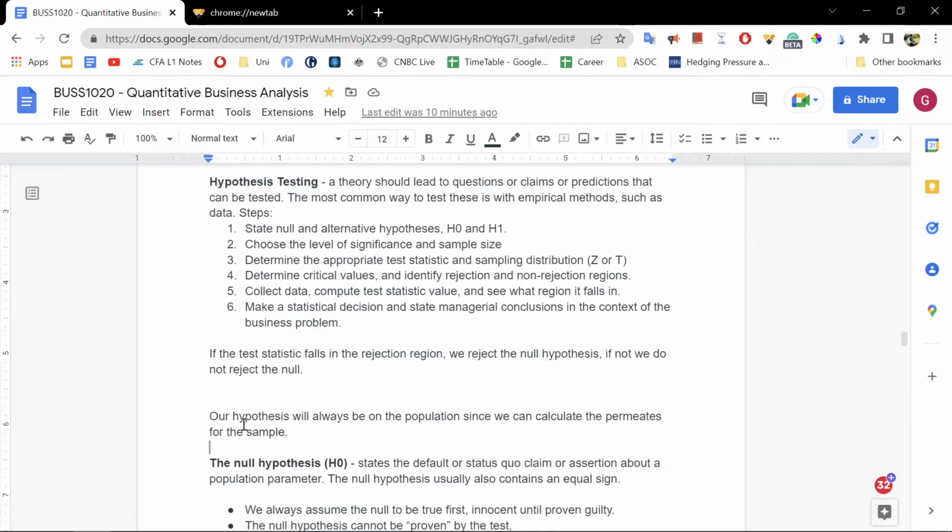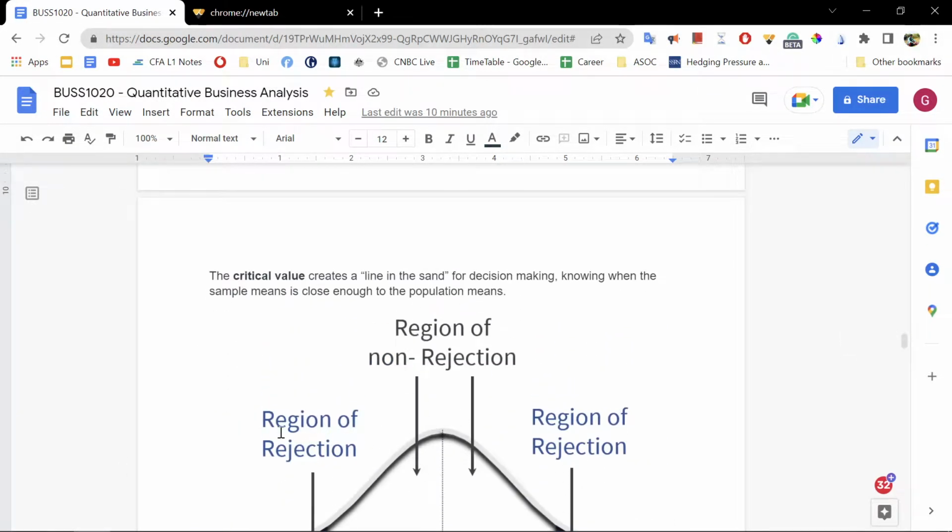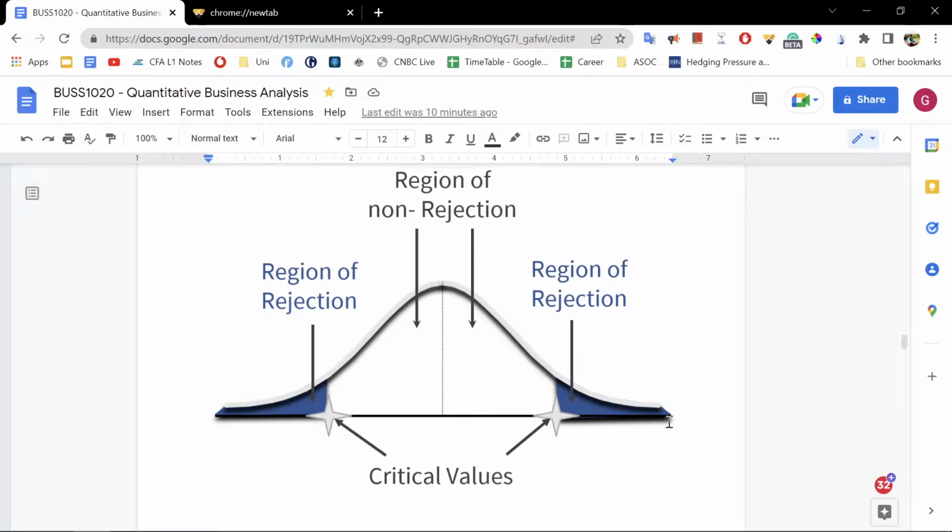However, this would be perhaps a distribution of Red Bull weight. And as we can see, perhaps we'll be expecting the mean to be around 250, right here. And as we go out to either extreme, we will have less and less on either side.